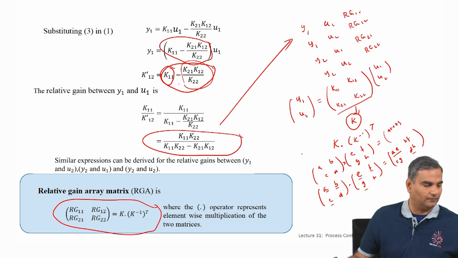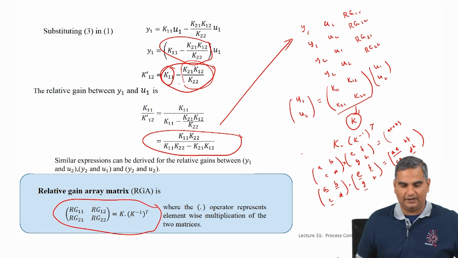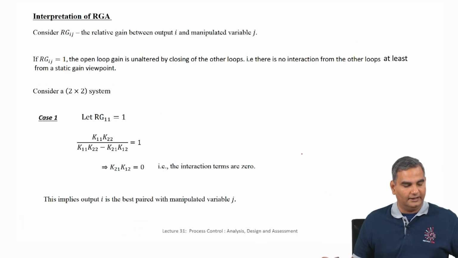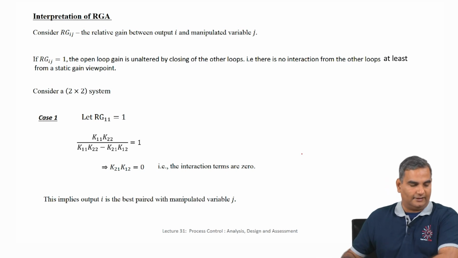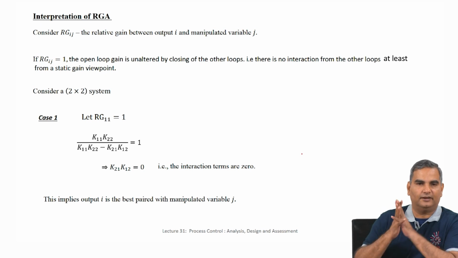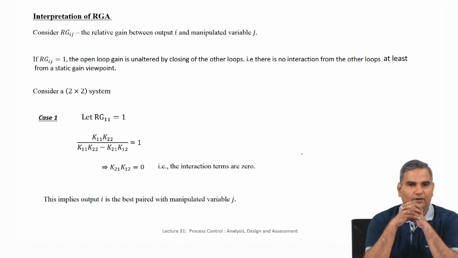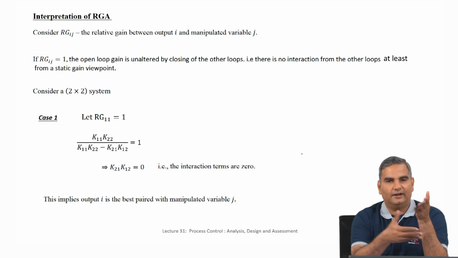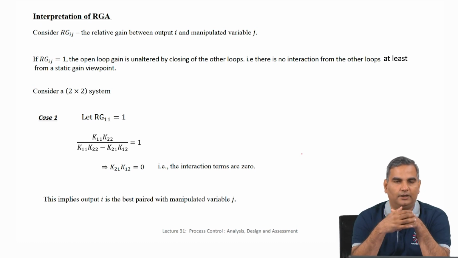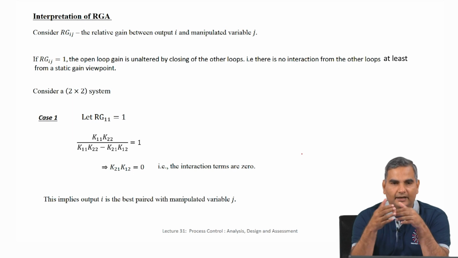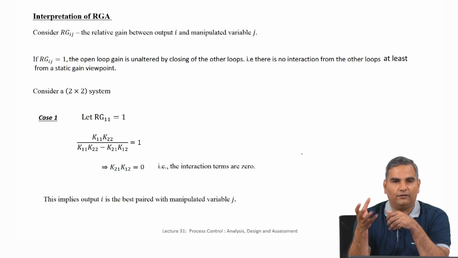Now that we know how to compute the relative gain array, can we interpret it? As I said before, a relative gain of 1 is the best situation, because relative gain, remember, is the ratio between the open loop gain and the gain which takes into account the effect of the other loops.